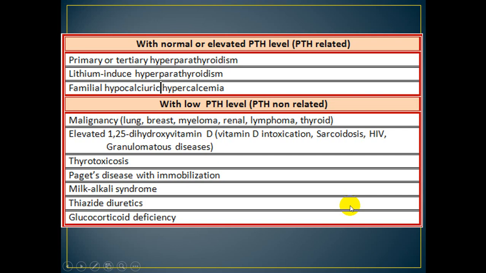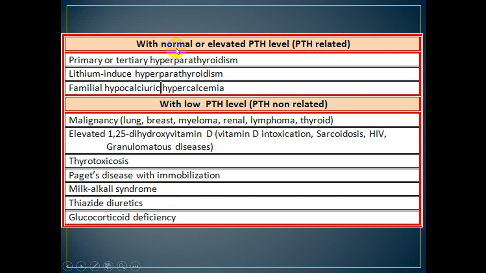Causes of hypercalcemia can be divided into two categories. First, causes of hypercalcemia associated with elevated parathyroid level, or parathyroid-related hypercalcemia. Other causes are hypercalcemia associated with low parathyroid hormone, or parathyroid non-related hypercalcemia.